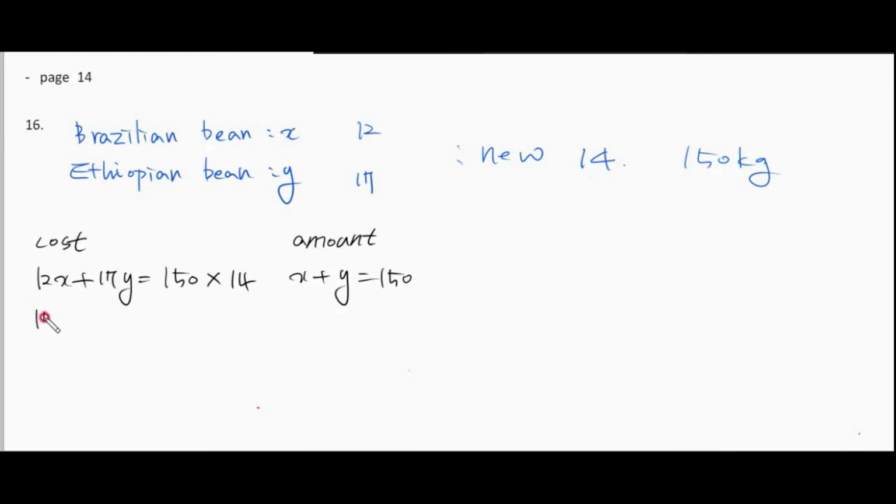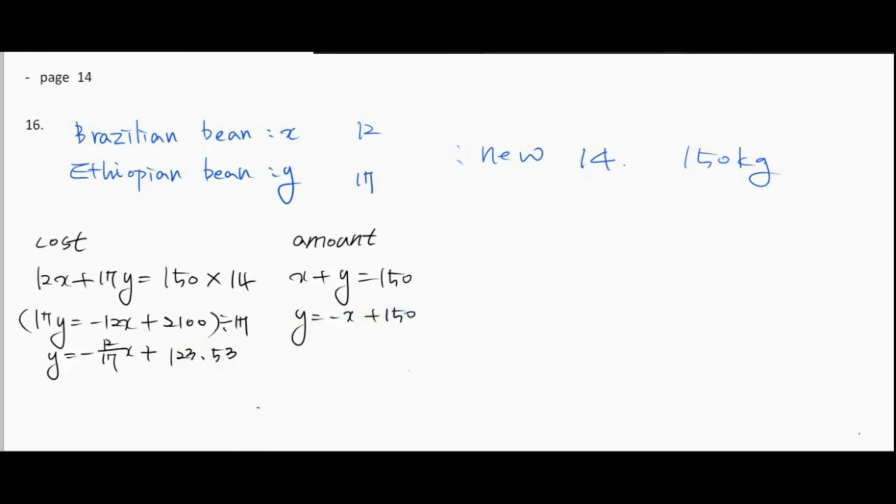First on this side, 17y equals minus 12x plus 2100. Dividing both sides by 17, it will be y equals minus 12 over 17 x plus 123.53. And for the amount, it's easy: y equals minus x plus 150.